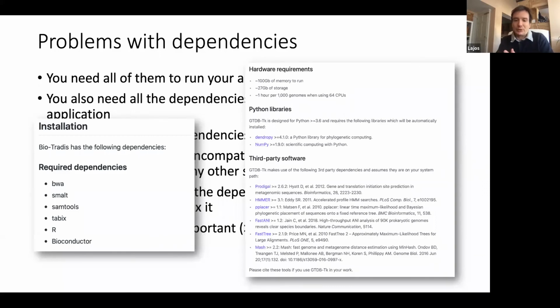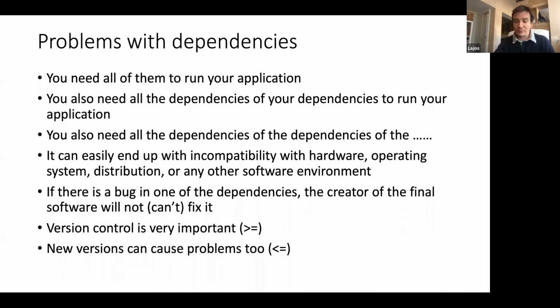You should never do that. But it's very common that you install a new bioinformatics program, which depends on Mash as well, but it depends on Mash 3.0, not 2.2. So you are actually overwriting your Mash if you are not careful. You can, of course, preserve both versions.